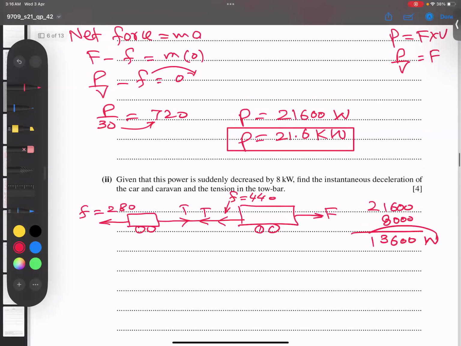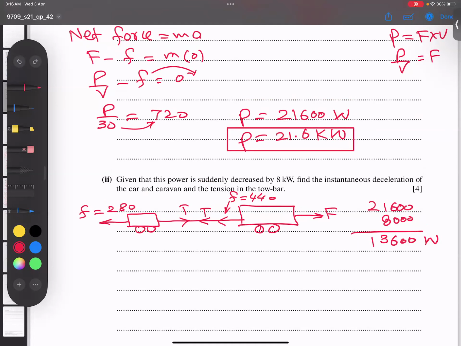So that idea is clear. I will use this formula, plug it in here and divide by 30. He said that the power is decreased, so find the force, tension, and acceleration at that particular moment.